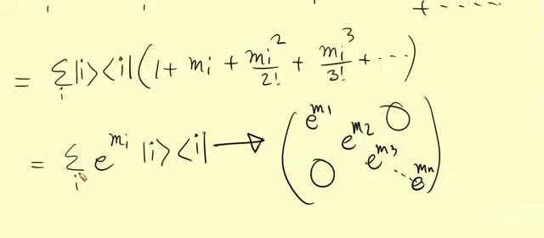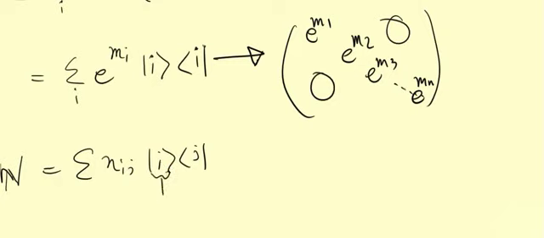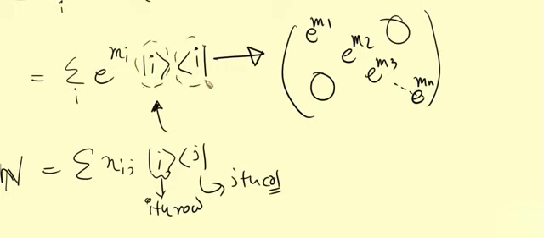Because recall that we wrote a matrix in general M. Okay, let's not make it M, you might get confused. So let's take it to be N, and this N had elements like this, where we call this the ith row and the jth column. So here it is the same thing. Since this is a diagonal matrix, you can see that the row and the column index, those coming from these bras and kets, are the same.